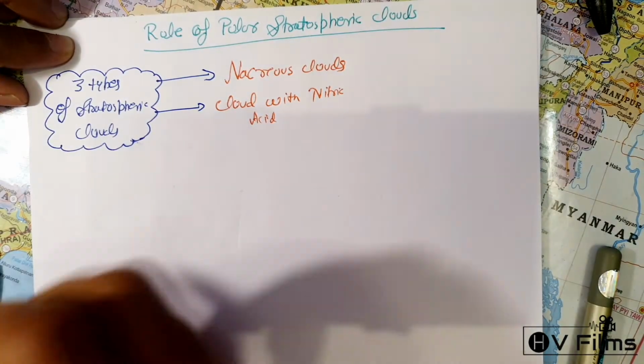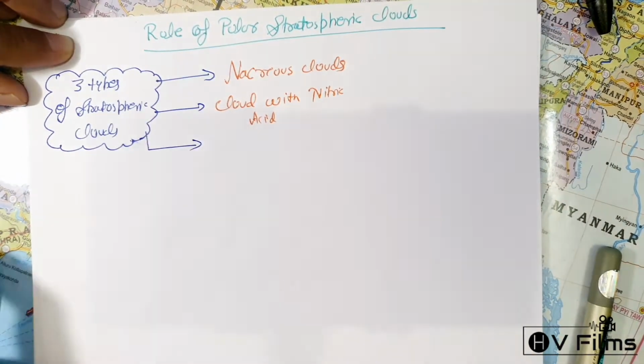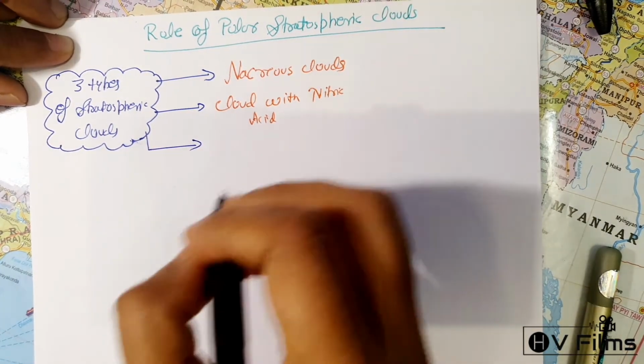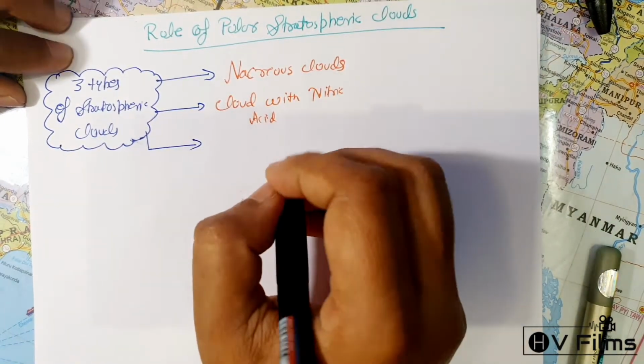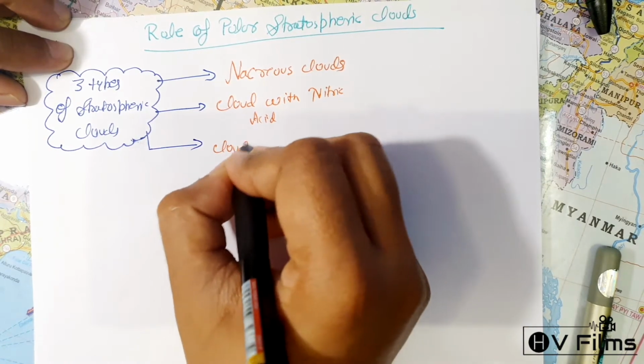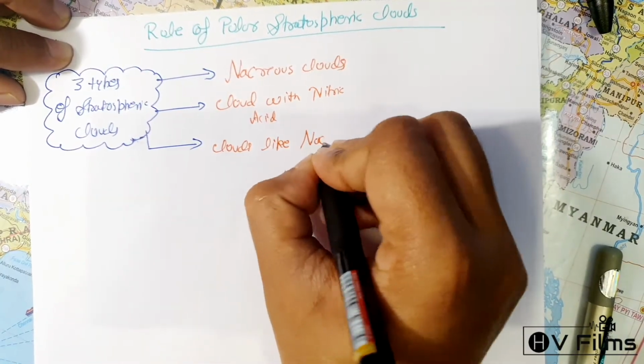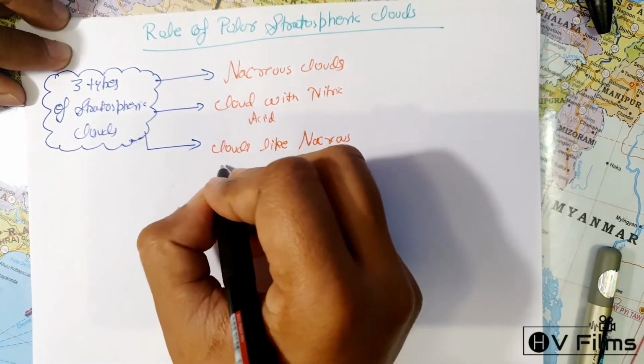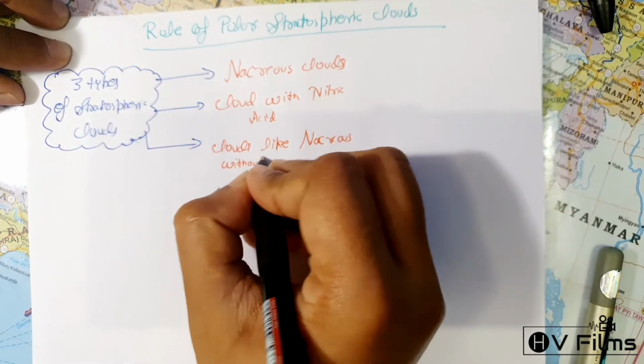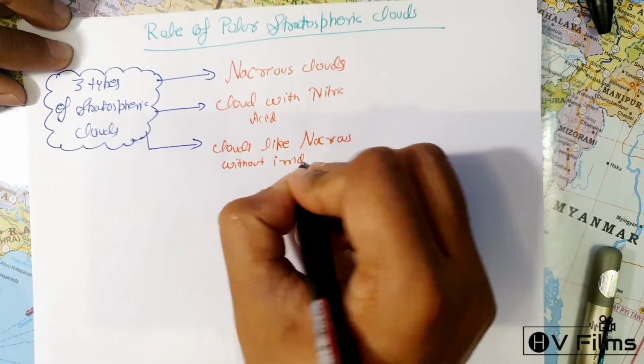And the third one are the clouds like nacreous but without the iridescence.